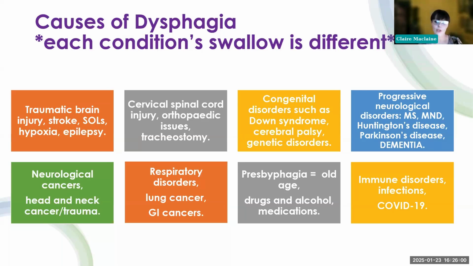There's a lot of people with long COVID that are finding they've got dysphagia. Old age causes dysphagia. Medication side effects cause dysphagia. So there's a lot of things, and this is why an SLT who's got experience should be able to take apart what's causing this and what's causing that.